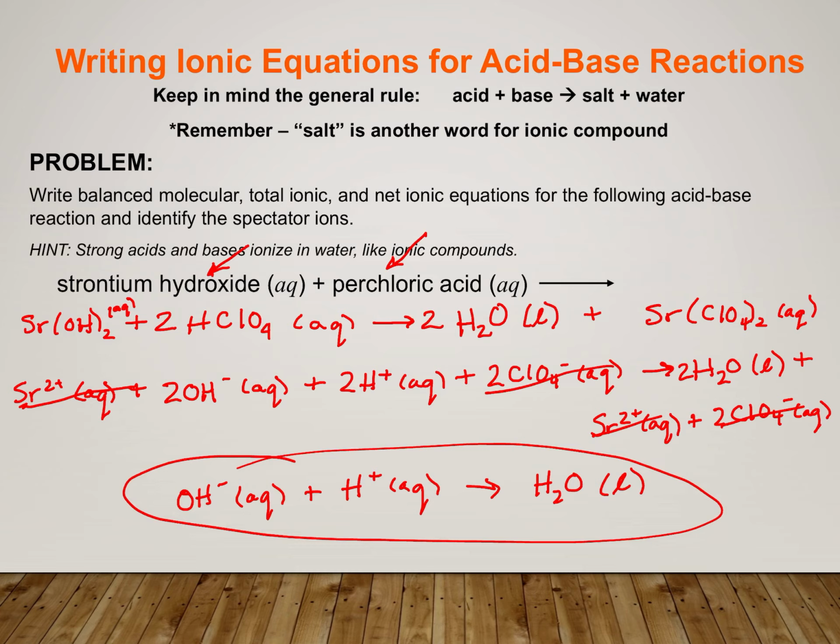Our hydroxides will always break apart into hydroxide. Our acids will always break apart into H+, and they will always react together to form water. But only with strong acid plus strong base. If either one of those is weak, then that's not true. But this is the thing, water is a molecular compound, so don't break apart the water.